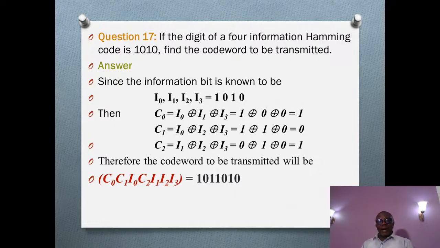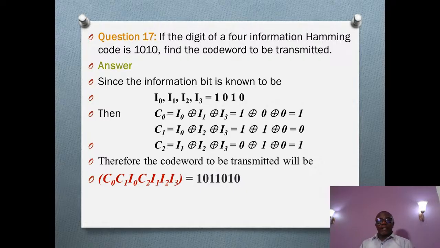So if we get back to this and look at that C naught, which is 1 modulo 2 0, if you do that, it's one of the inputs that is at 1, so it gives you output 1. Then you do again 1 modulo 2 0, which gives you output 1.